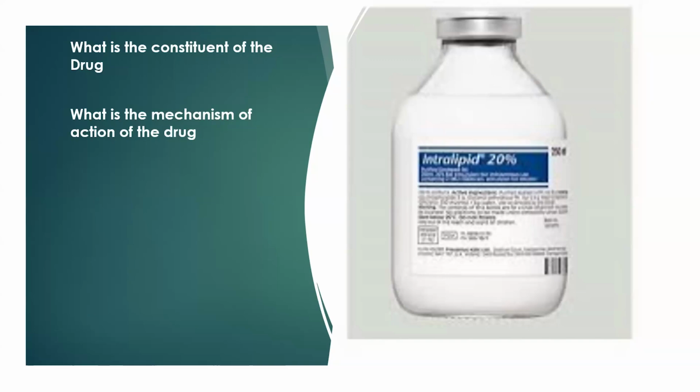How we give intralipid depends on the weight of the patient. If the patient is more than 70 kgs, we give an initial bolus of 100 ml over 2 to 3 minutes, and then an infusion of 250 ml over 15 to 20 minutes.